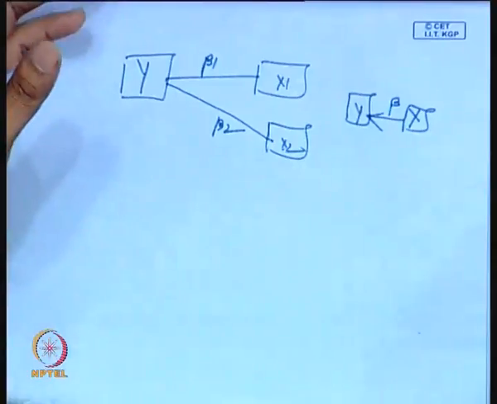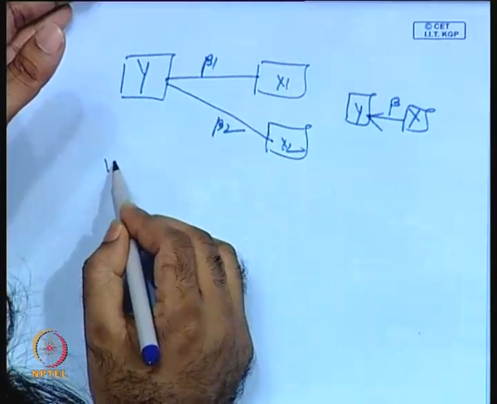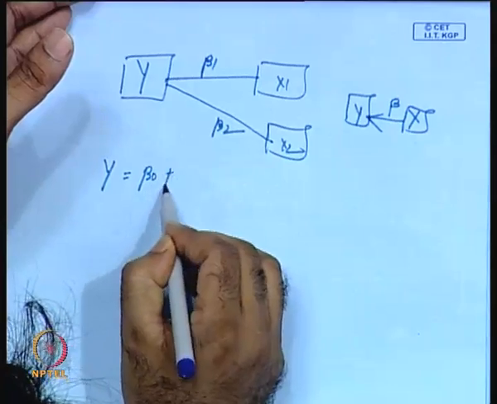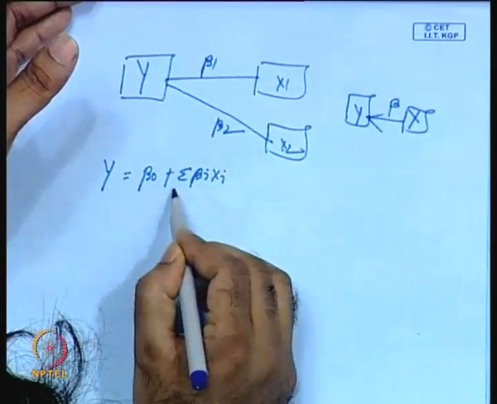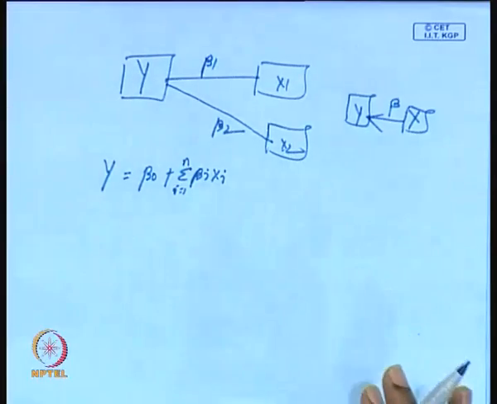So, how will we proceed with this particular structure? We will represent it simply like this: y equal to beta 0 plus summation beta i x i, i equal to 1 to n. Let us say this is the usual format of the mathematical form of the model.